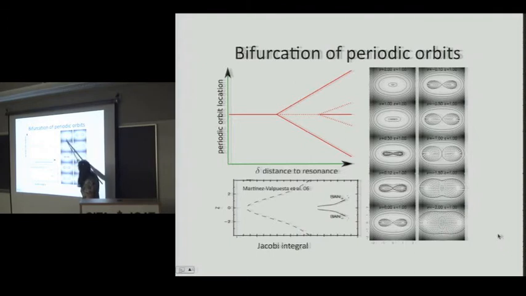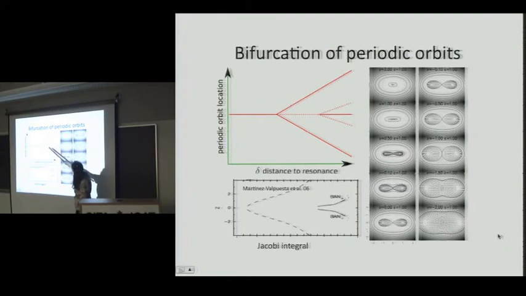As you go down in delta, all of a sudden the stable orbit here bifurcates, and you get two stable orbits, and the one in the middle at the separatrix is unstable. So it shows you two stable orbits being born, and an unstable orbit being born. And then out here, again, two more stable orbits are born, and only two more unstable orbits are born, and then the ones in the middle are stable again.